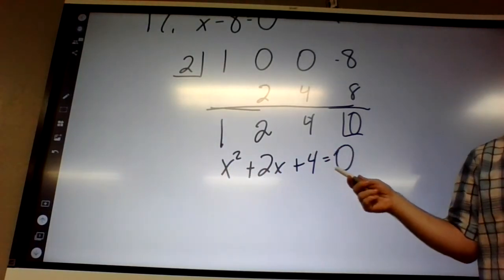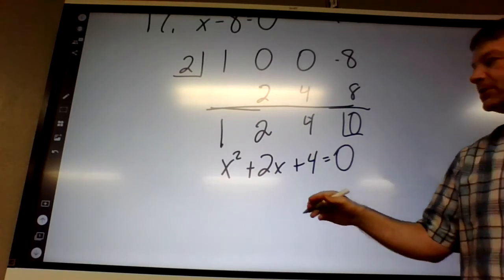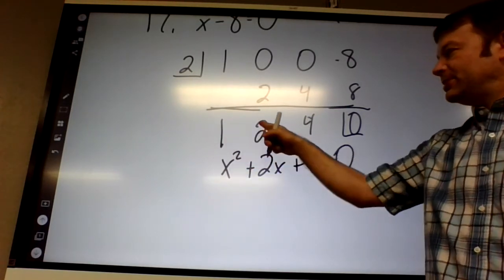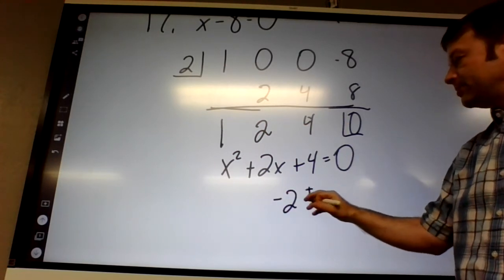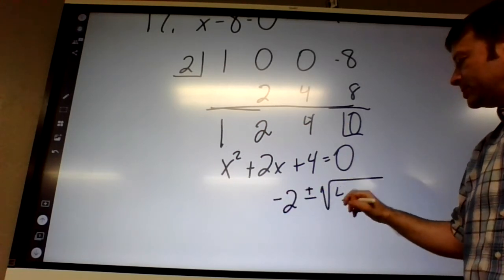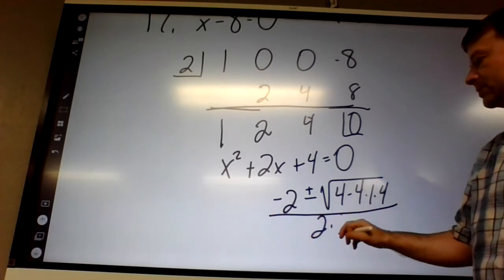This does not factor, and if it doesn't factor, what do we have to do? Quadratic formula. So basically my a, b, and c are 1, 2, and 4. So negative b plus or minus the square root of b squared minus 4ac over 2a.